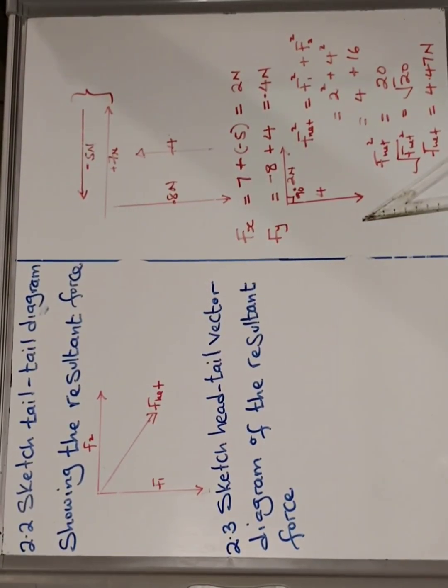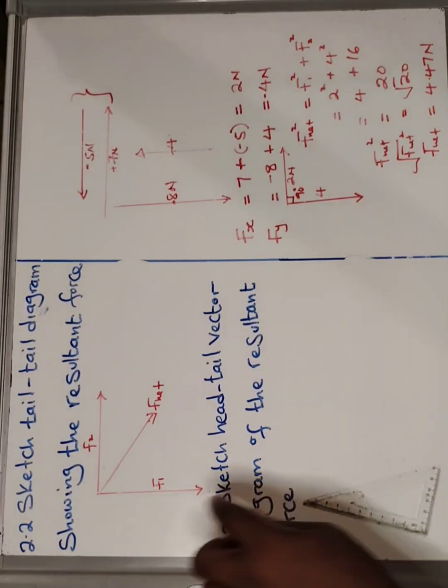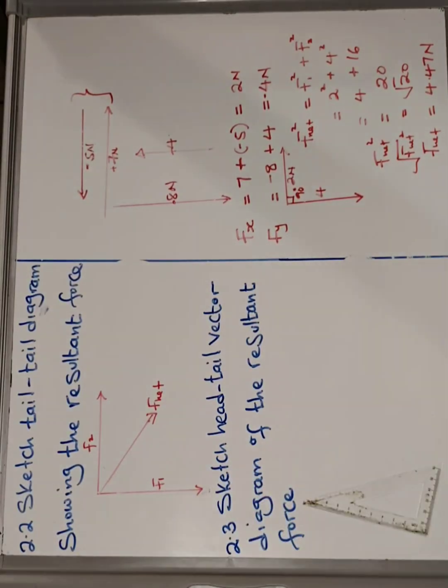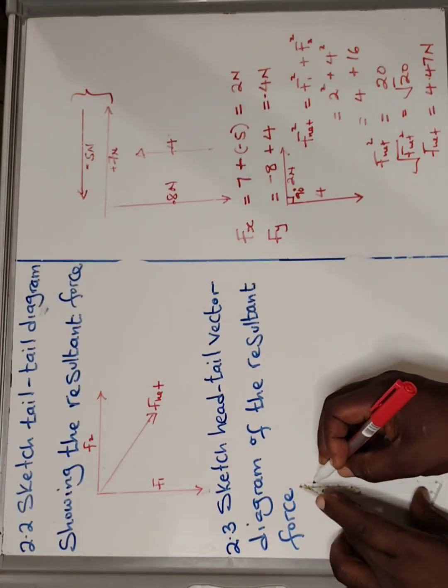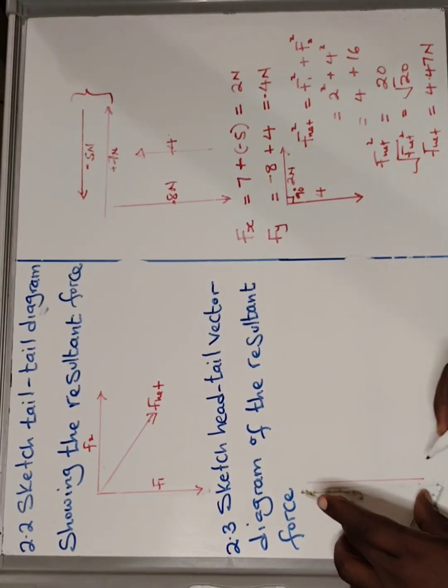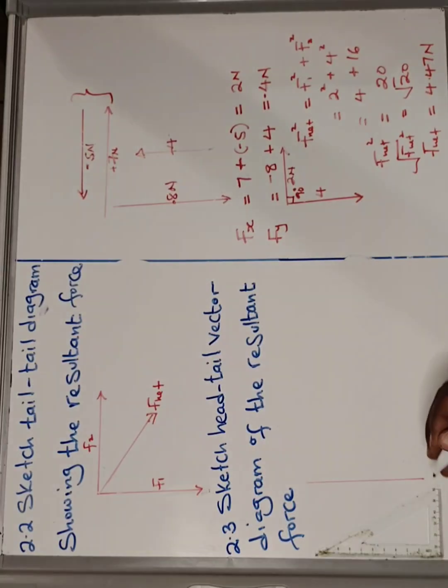Then lastly comes this question. It says, sketch a head-to-tail vector diagram of the resultant force. Okay, how do you go about this? Okay, you have to remember that a vector remains the same as long as it has the same magnitude and direction.